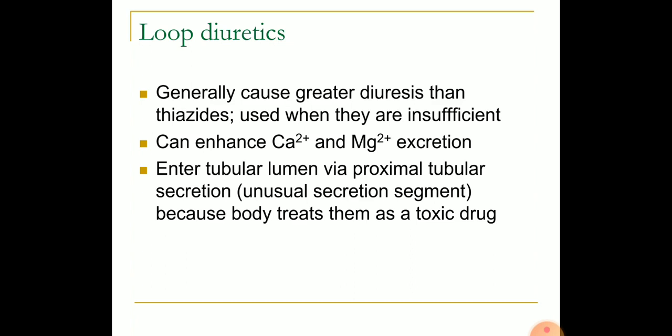In forced alkaline diuresis, probably for the treatment of salicylate poisoning, that means acidic drug poisoning, like barbiturates and salicylates, you can use a drug like furosemide. Whereas in forced acidic diuresis, for the treatment of chloroquine and amphetamine toxicity, you can use the same drug, furosemide, that will help you in forced diuresis.